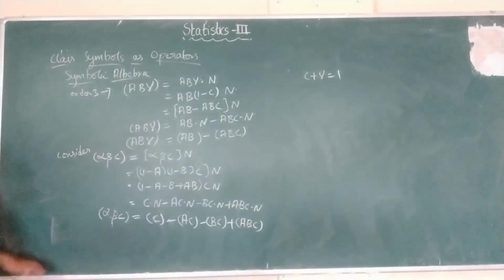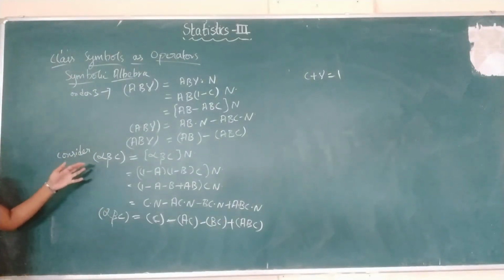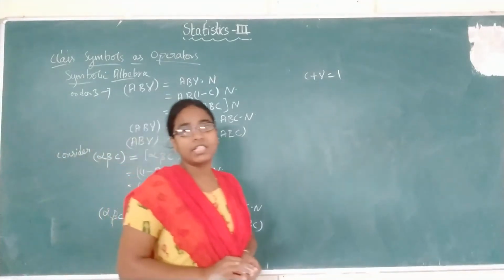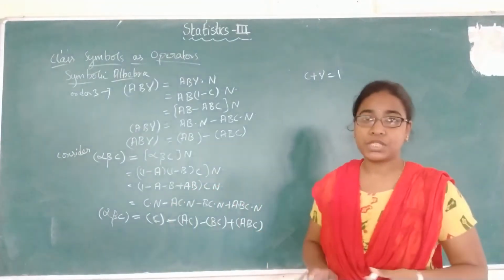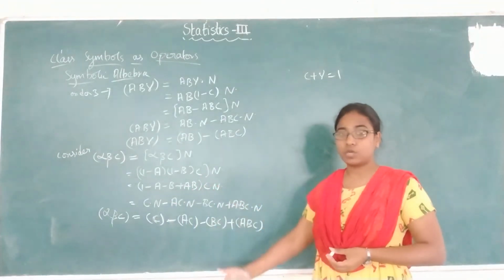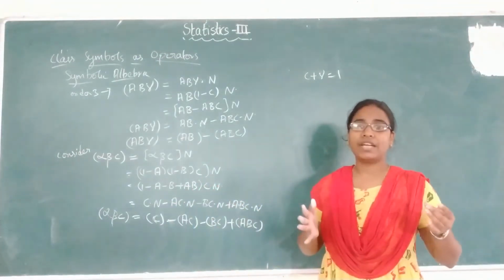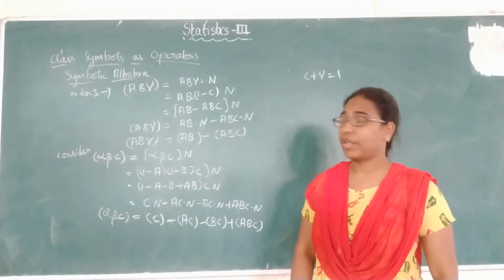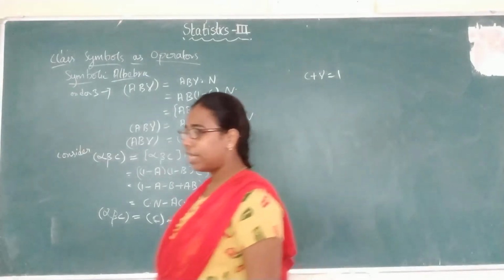So this is the dichotomizing of N with the different attributes, so that we can express the negative attributes in terms of positive attributes. So symbolic algebra, remember it, we will be using it in different concepts also. Whenever you find multiplying N with any class, you have to write its class frequency. So this is about symbolic algebra.